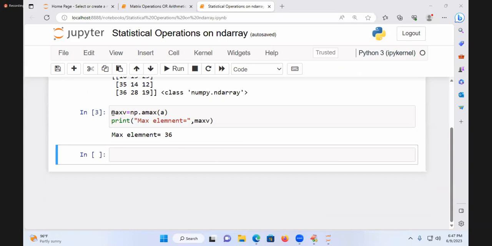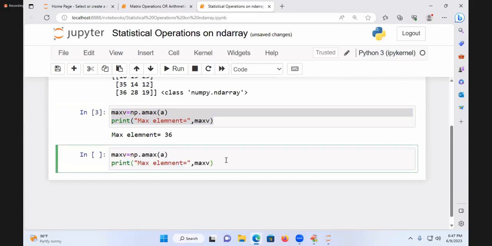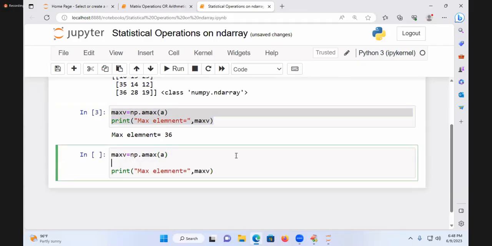Come on now, students. Now I am saying the same thing, and I would like to write it. I will continue. How am I writing it now? See: column max is equal to np.amax of A, comma, the ndarray object, axis equal to 0.